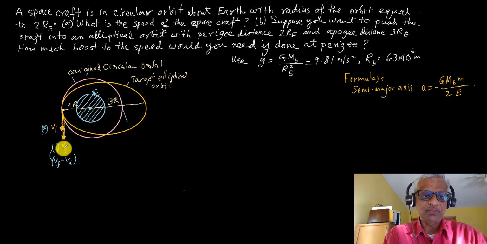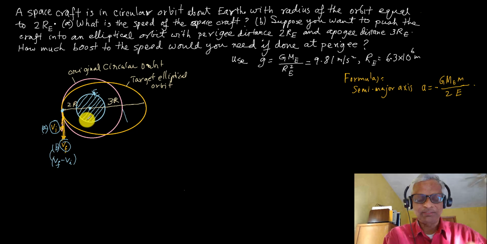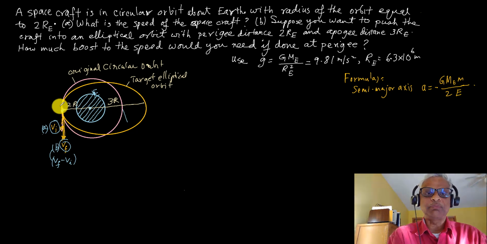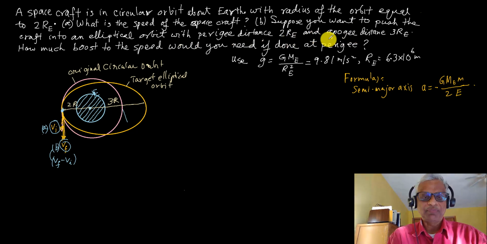You will need to boost the speed at some point, and say you want to boost the speed instantaneously from some value vi to some vf. Of course, it takes time to boost it. Technical details, I don't want to go into it, but the question is how much of a boost you will need at that point. That's what this is saying.